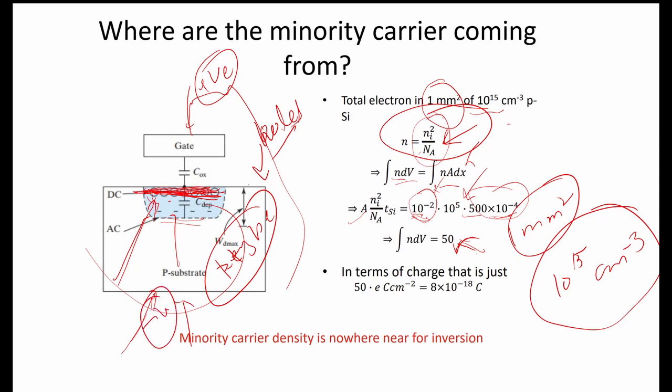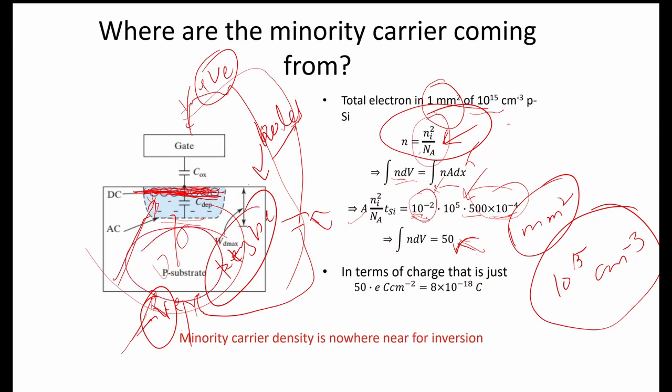If someone says the battery will supply, but we are applying a negative voltage here, not a positive voltage, and a positive voltage here. So this battery definitely cannot supply the holes here. So from where are they coming? We do not have sufficient holes in the semiconductor itself.